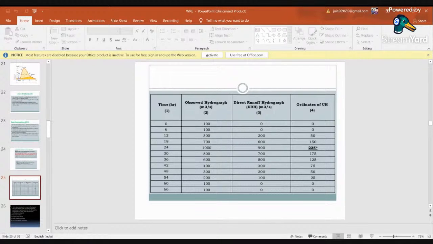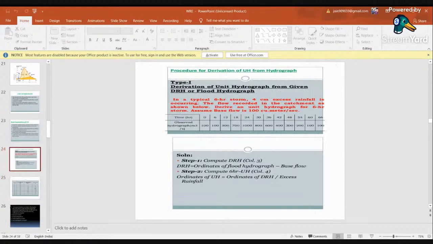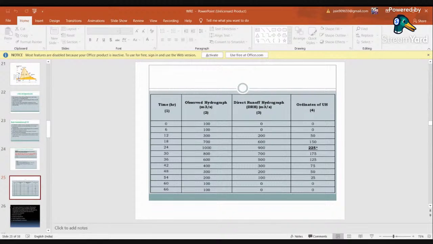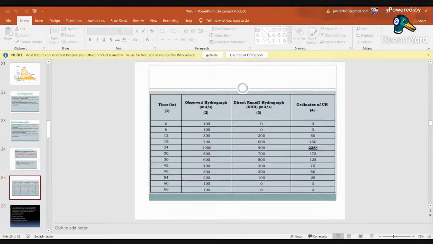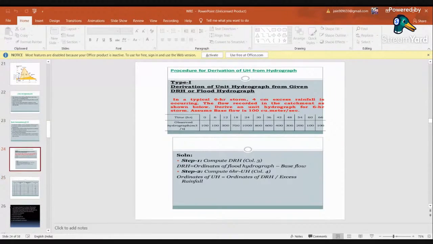So we will plot all the ordinates of the direct runoff hydrograph, that is DRH, and then we will write down the base flow. Now here the base flow is 100. Okay, the first one you can see, 100 meter cube per second is your base flow. So we will subtract the base flow from all ordinates.